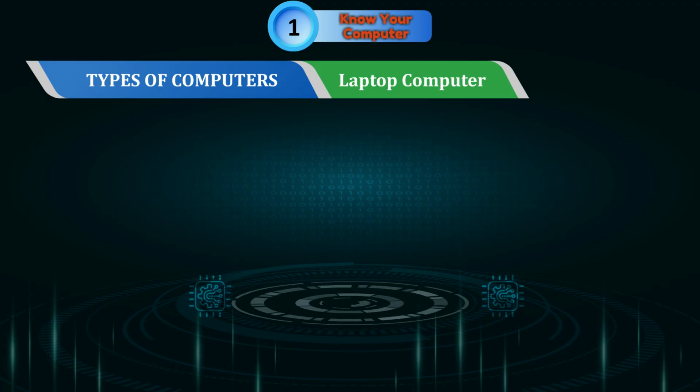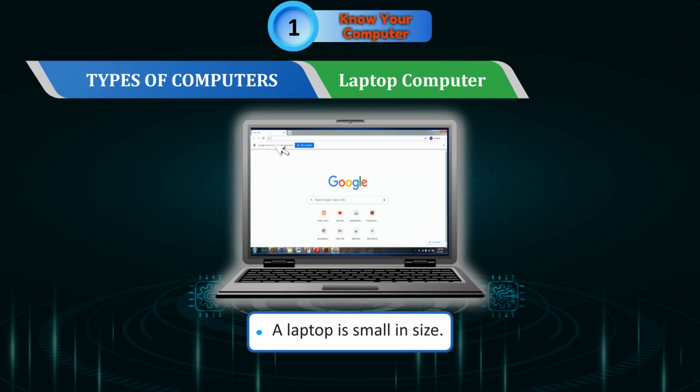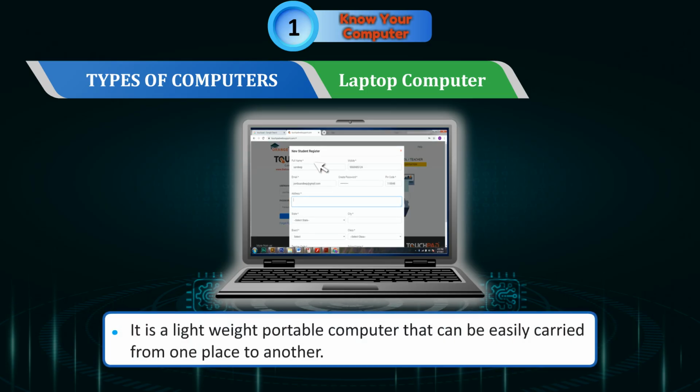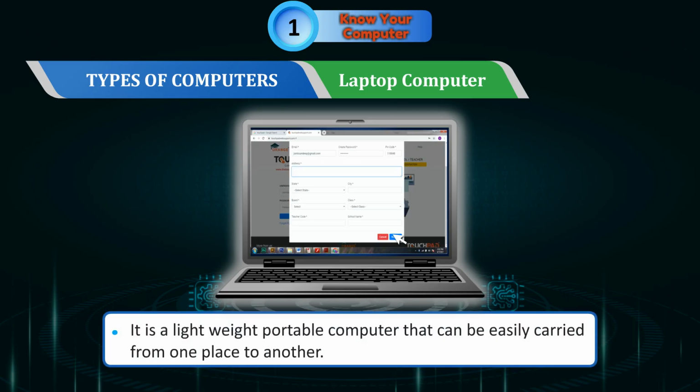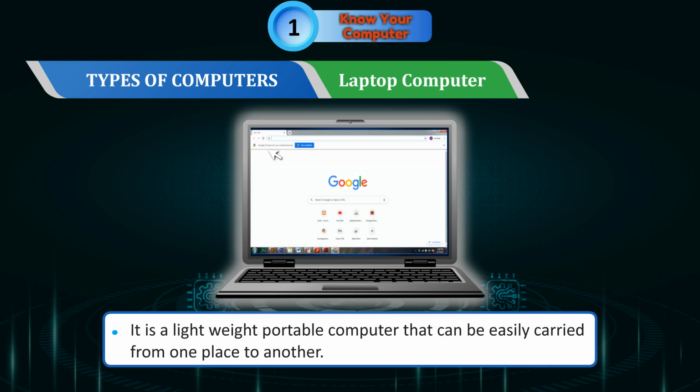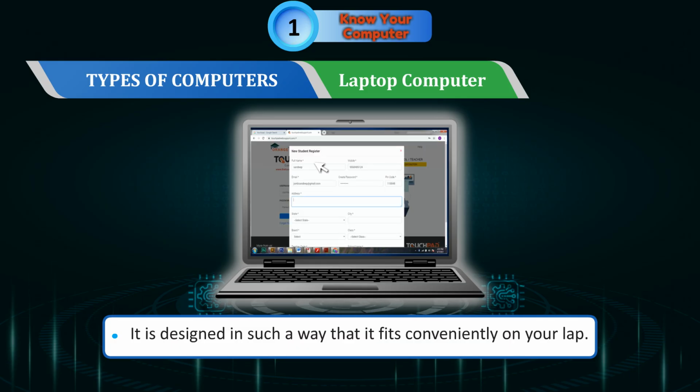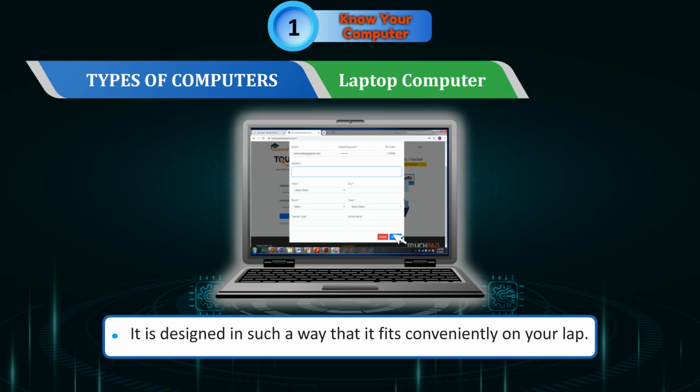Laptop computer. A laptop is small in size. It is a lightweight portable computer that can be easily carried from one place to another. It is designed in such a way that it fits conveniently on your lap.